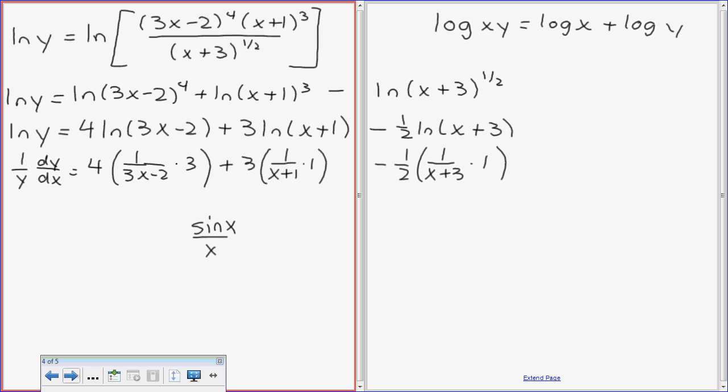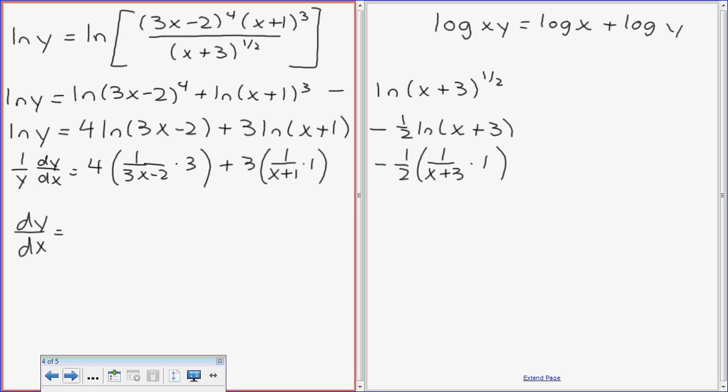Quotient rule is a lot more efficient to use. But for something that's horrible, this is so much faster on the horrible ones. Will we have to do a plus h minus? Yeah, only one of those questions. Imagine doing this. I wouldn't do that.